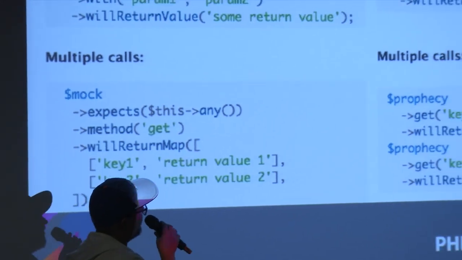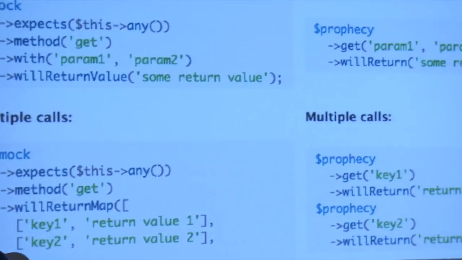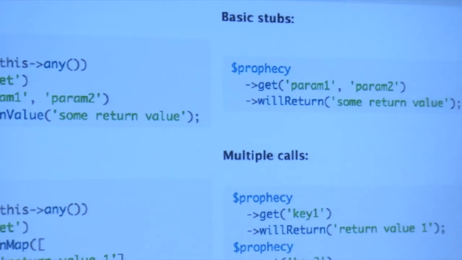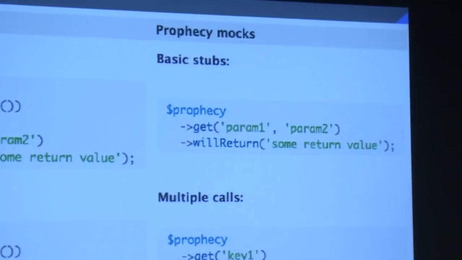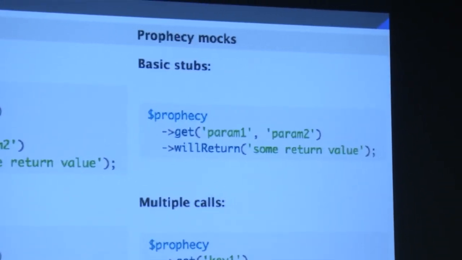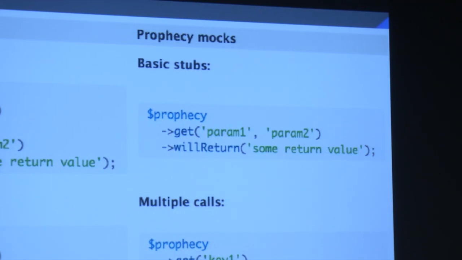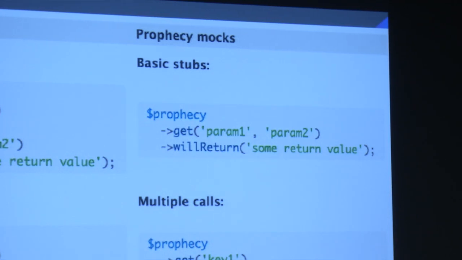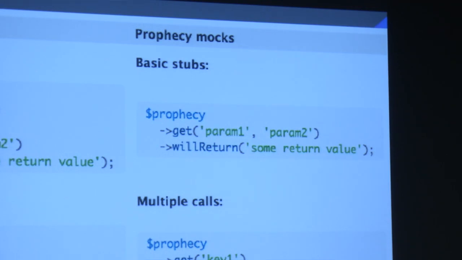With the Prophecy library, it's similar, but as you can see, it's less verbose, so it's easier to read, and it's actually the same. So you have magic methods, and you can say that the get method with those parameters will return that value, and the same with multiple calls.